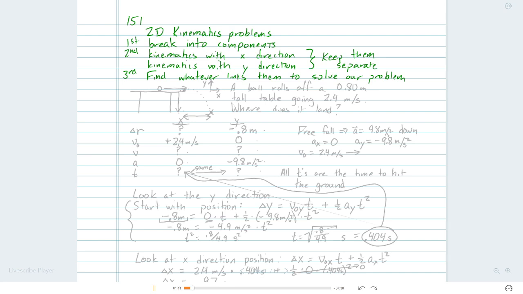So, suppose that I had a table. We're going to start with a real simple situation. And I had a ball and it rolled off the table.